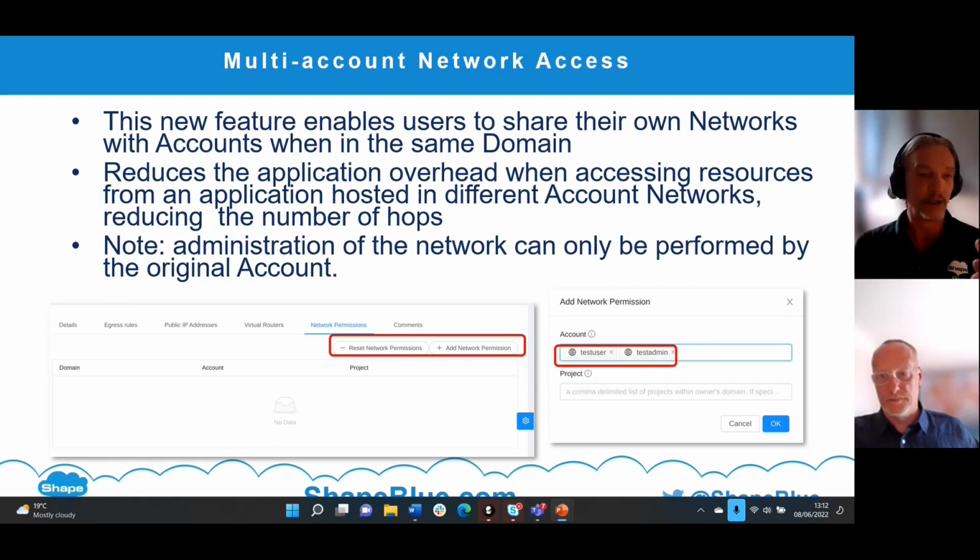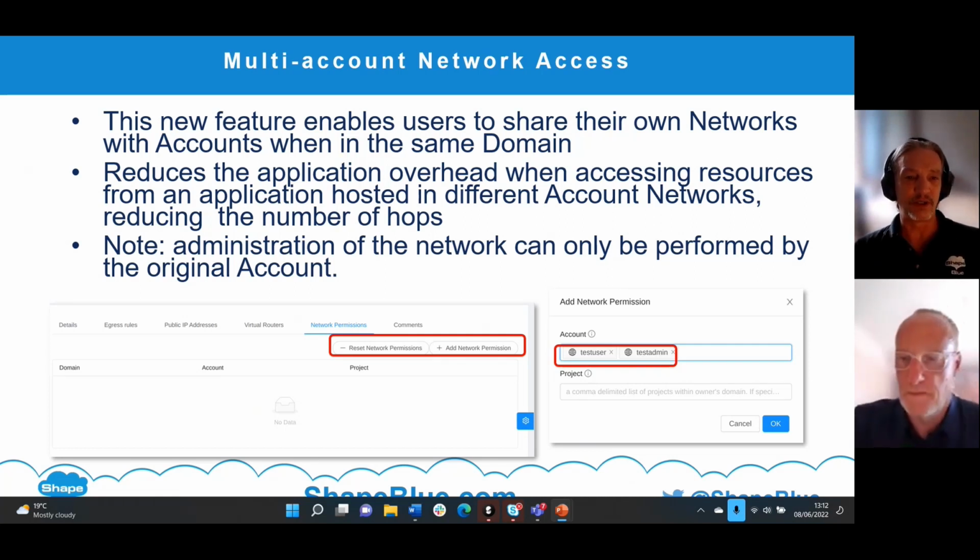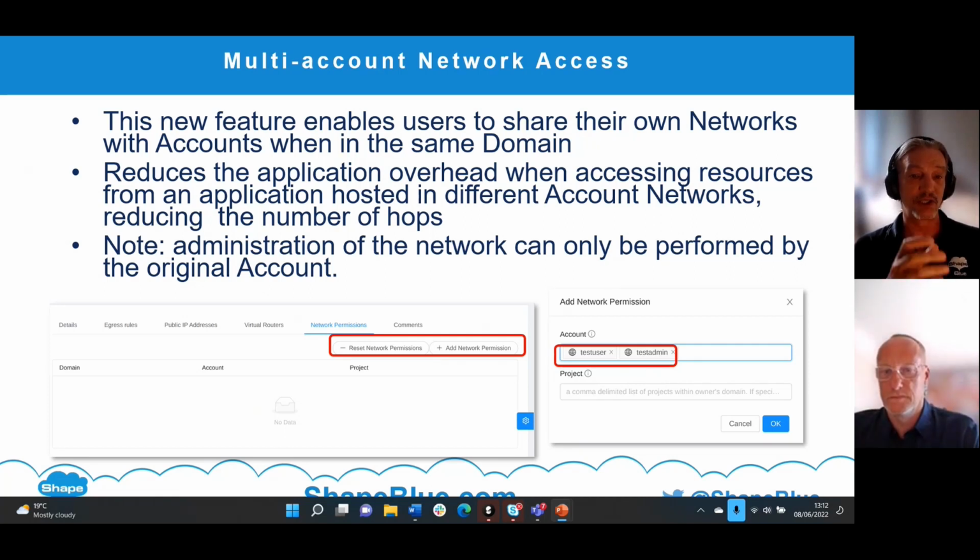We have two hops in this case, right? You eliminate that. With this feature, you can, for example, create a virtual machine in the same network layer of the other account. It permits, for example, no hops to access the API endpoint the application needed to access.